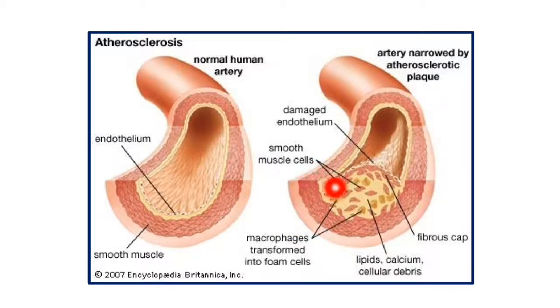These will attract platelets, lipids and calcium, leading to the mush formation. Okay, this increases along with the fibrous cap. There is fibrous tissue that ultimately blocks the artery.